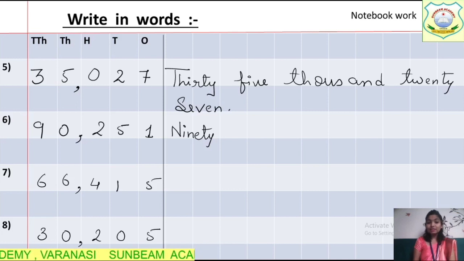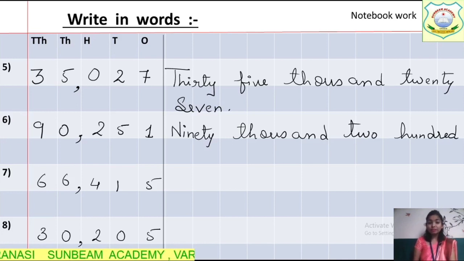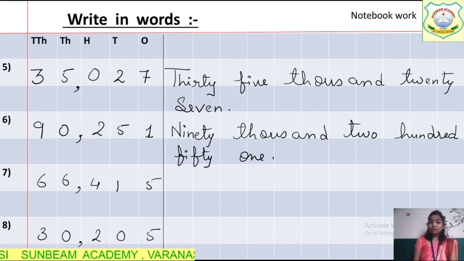It's 90. 90 what? 1000. 90,000. Then 200. 2 is at the hundreds place. So 200. Then 51. So you need to write the spellings correctly, and the first letter will be capital and the others will be small. Don't forget that. Alright. Next.